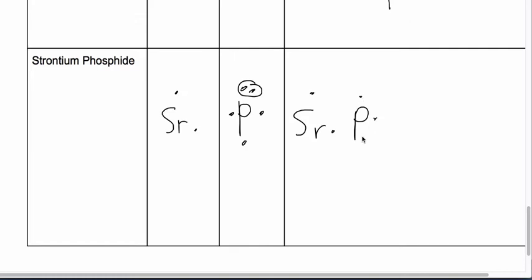P, probably made these too big, but whatever. This, okay. So this one would rather lose 2 than gain 6, and this would rather gain 3 than lose 5. Therefore, the one on the left is going to have the lower binding energy. It'll be the source of those electrons. Boom, boom. Okay, but there's no one to fill that. So let's bring in another strontium.